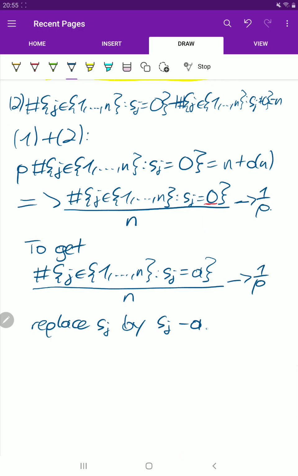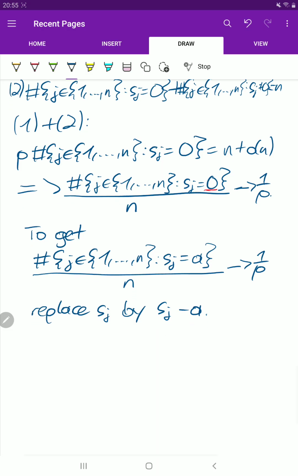If we do this, then we get an Sj minus a here, and Sj will be a.